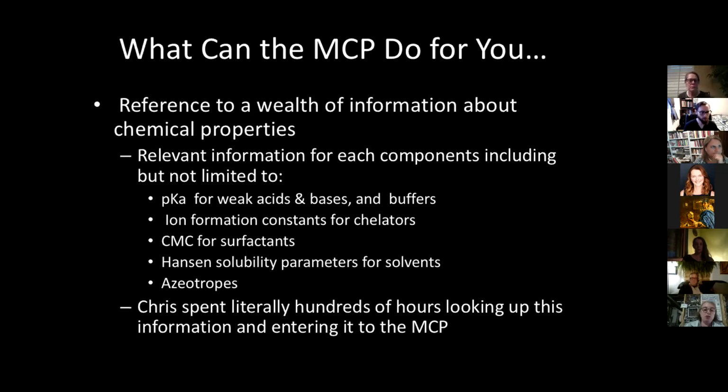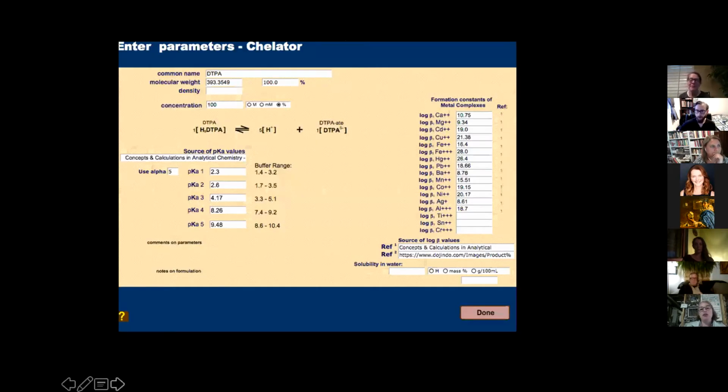And you should really understand that this information was all entered by Chris by hand, and he spent literally hundreds of hours looking at this information and entering it into the MCP, and it's really a gift to the conservation community. So here is a page on the MCP for DTPA, which is a chelator, and you'll see how much information is on the chemical information page.